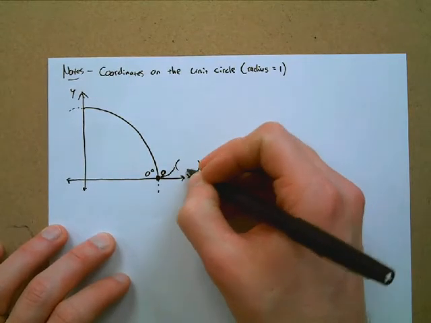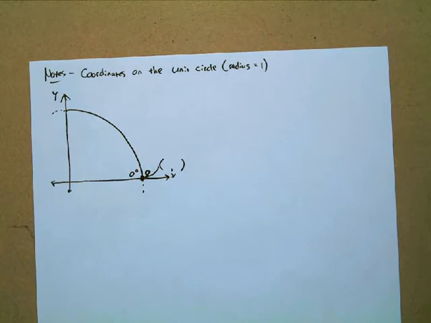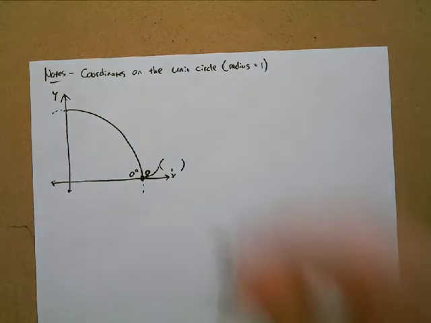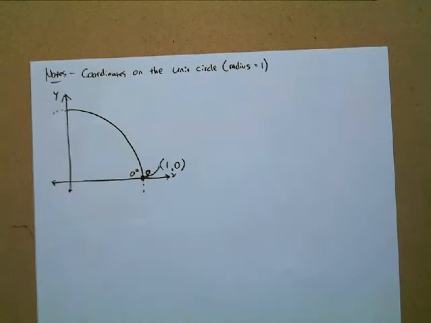Remember, our circle is the unit circle, so it has a radius of 1. So what would the coordinates have to be there? 1, 0. The x coordinate is 1 out, and the y coordinate is not up or down at all, so it's 0. So 1, 0. Easy peasy.